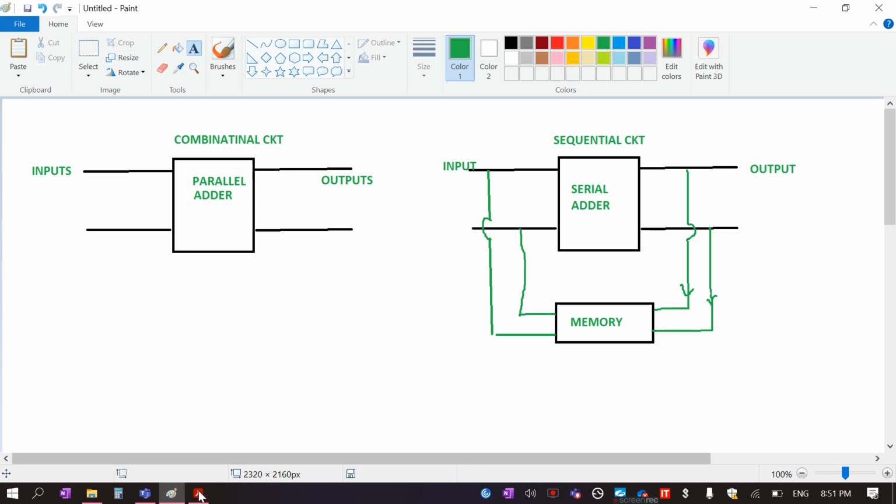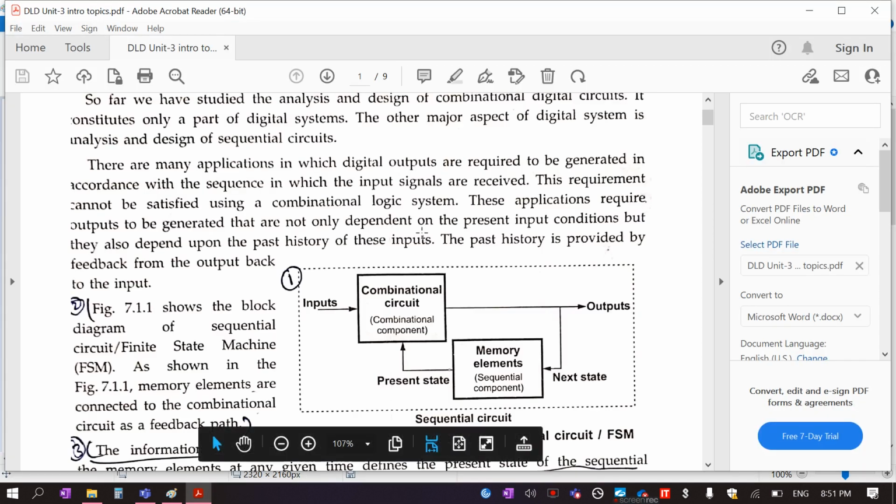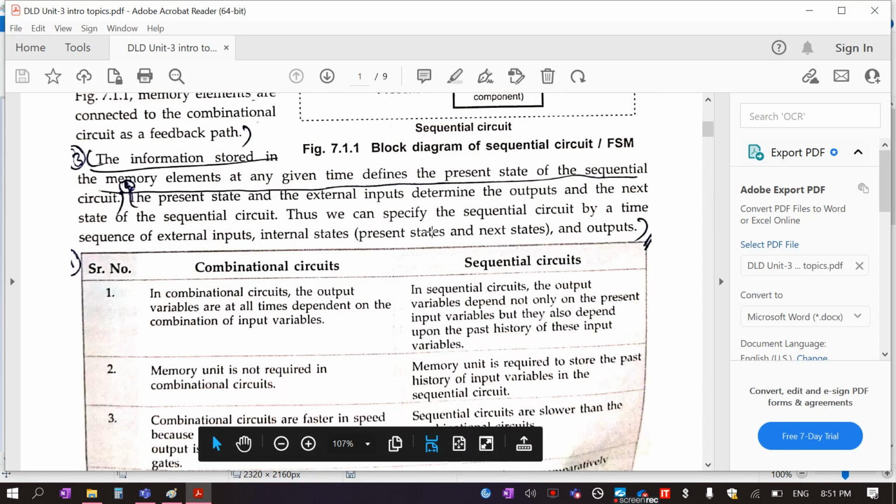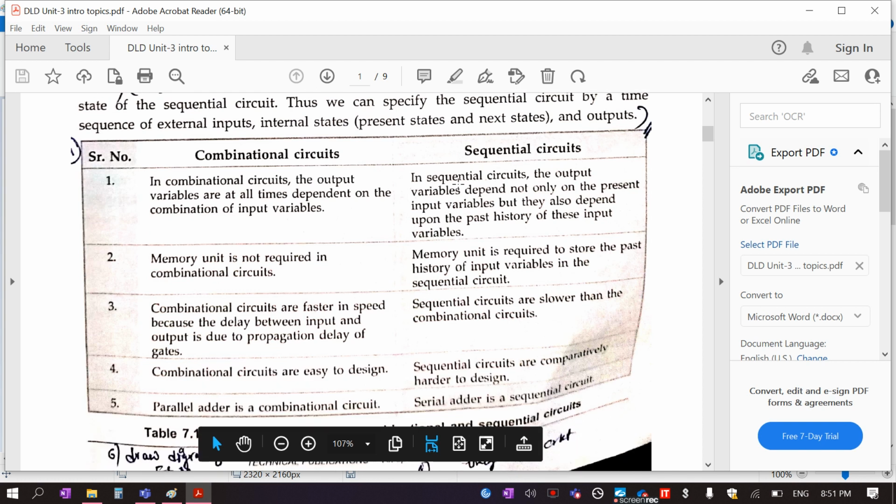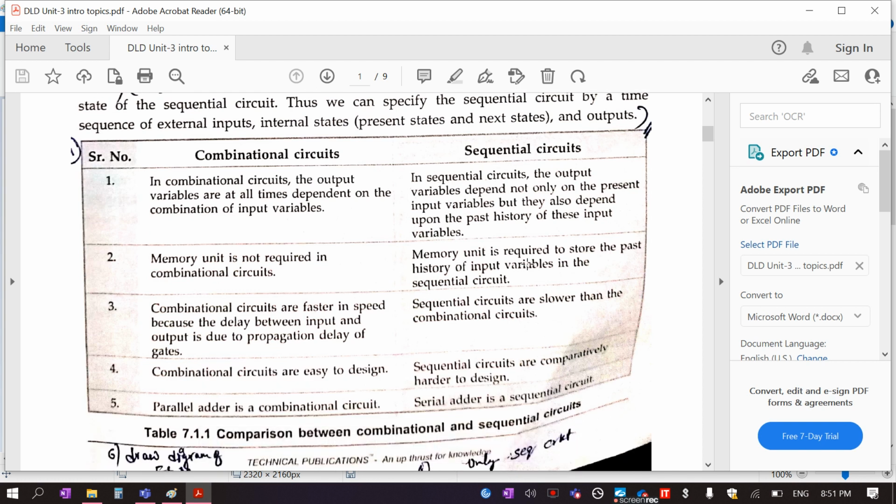Now let us go to our PDF. Here in the sequential circuit, a memory unit is present, and in the combinational circuit there is no memory. Here in this combinational circuit the inputs and outputs are present but no feedback. Here also the input and output is present, but the output always depends upon the input variables, right?